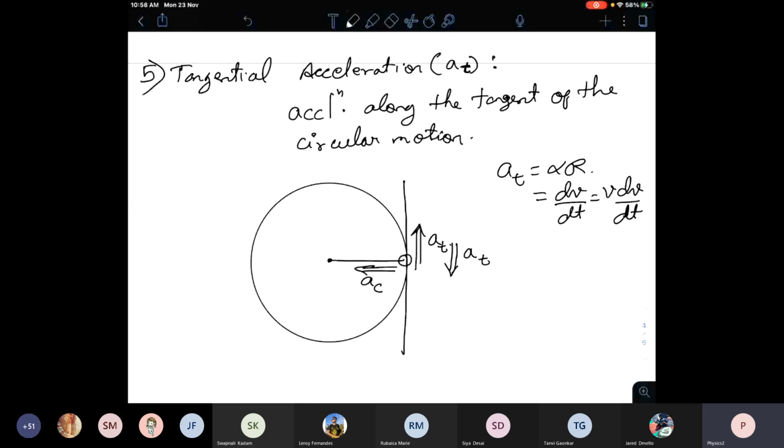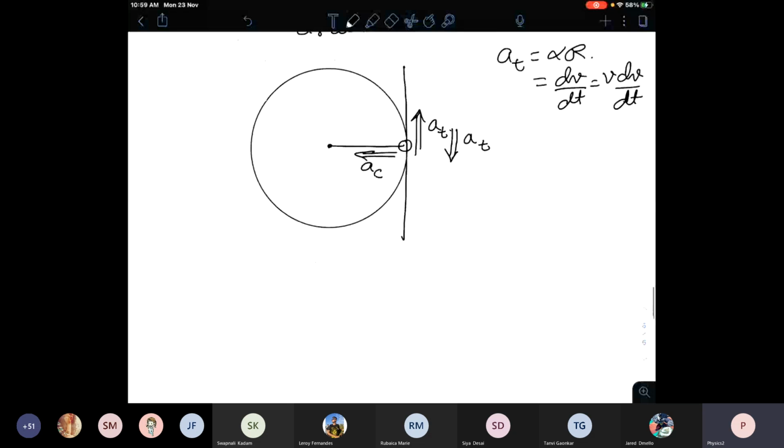Now a curiosity will arise within you: sir, why are there two kinds of linear acceleration in circular motion? These two accelerations will create different types of circular motion.